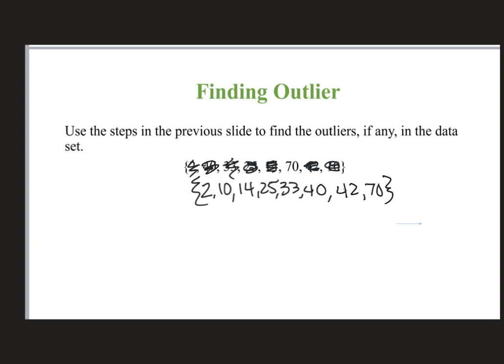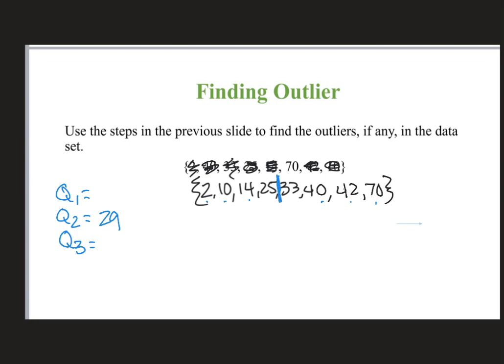Now, let's see. I need to find my Q1, Q2, Q3. So Q2 is going to be half of this data. So we need to do 33 plus 25, divide that by 2. So my Q2 is 29. So that falls here.